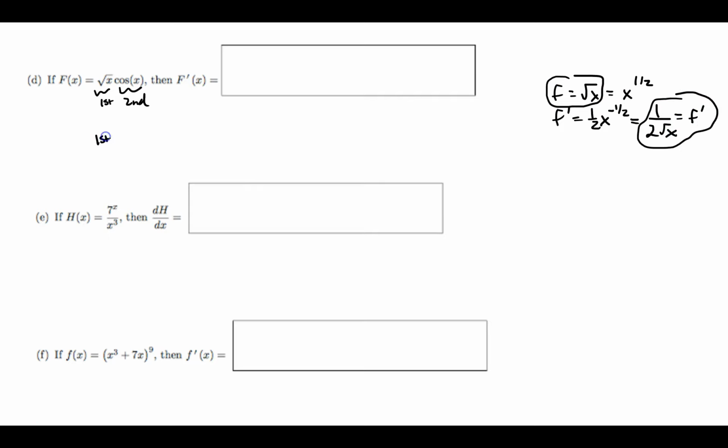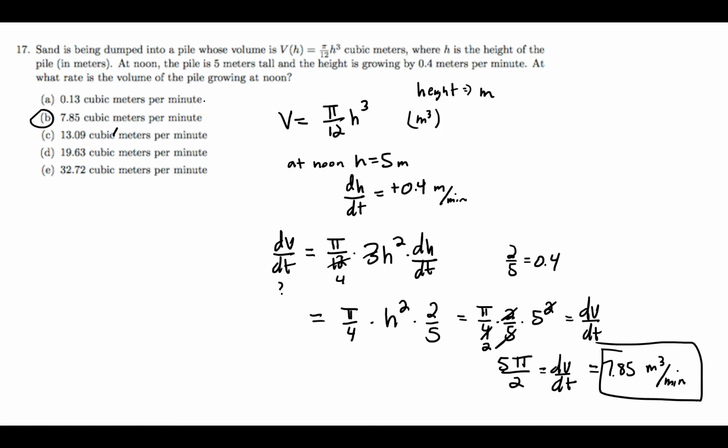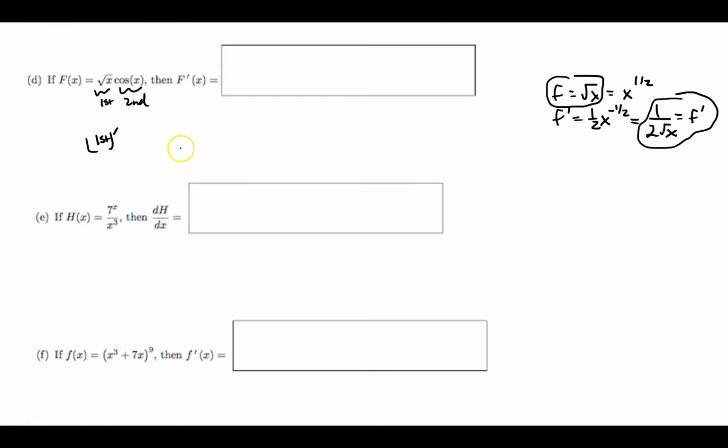So the derivative of the first is going to be 1 over 2 root x times the second, cosine x, plus the first, root x, times the derivative of the second, which is negative sine of x. Okay, great. What we did was the product rule: the derivative of the first times the second plus the first times the derivative of the second.